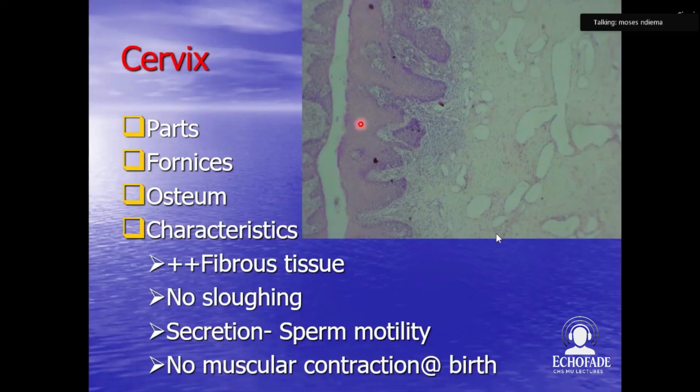So that is what we have in the cervix. I've said the endocervix is exactly like the uterus. The exocervix is the part that projects into the vaginal part.